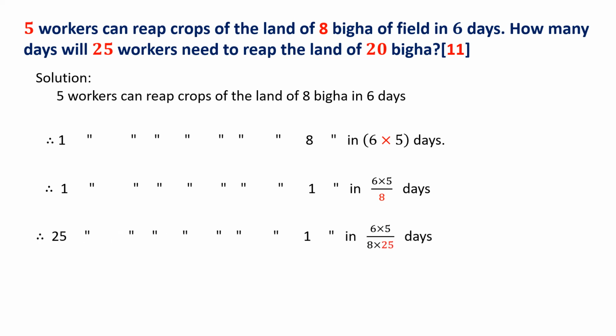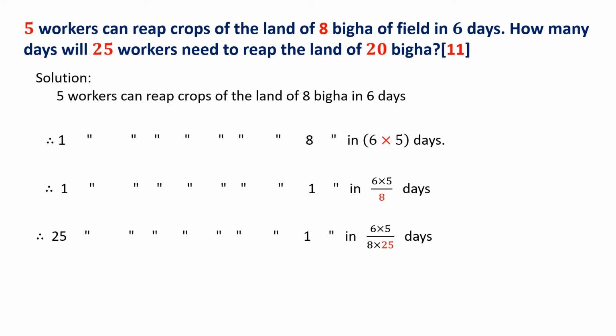Okay, now instead of 1 worker, I am having 25 workers who can reap the crops of land of 1 biga in 6 times 5 divided by 8 times 25. Now what do you think? Should I divide by 25 or should I multiply by 25?